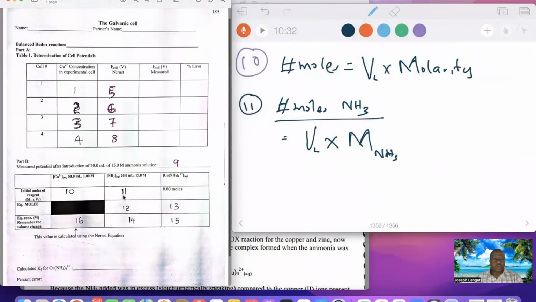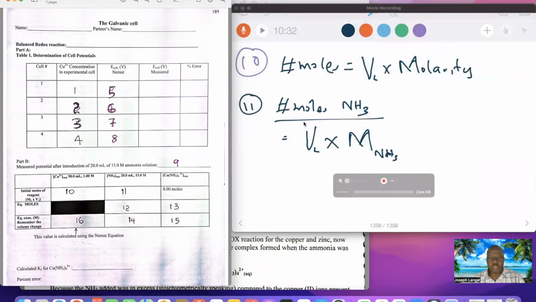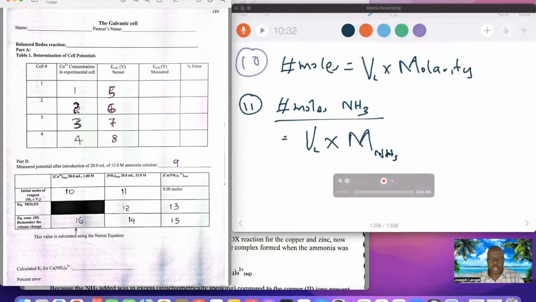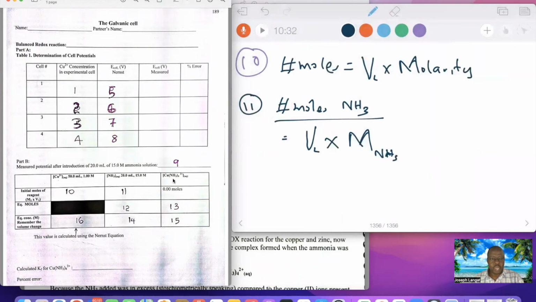So line 11, this is the equation: number of moles of ammonia is volume times molarity. Initially, before you mix the two reagents, we don't have the complex. The number of moles of complex is therefore 0.